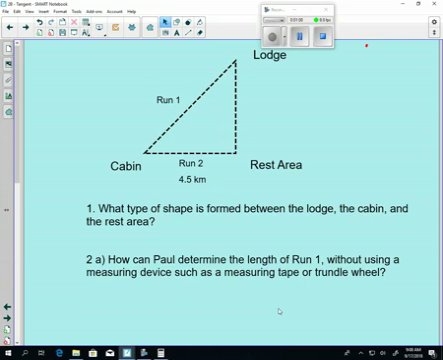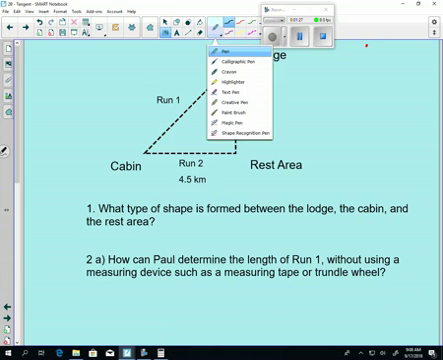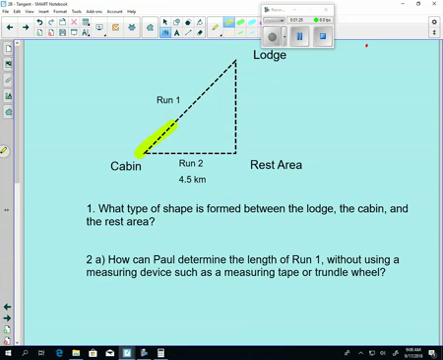All right, so here's an example. This is just like a little map, somebody that goes to a lodge. Could be skiing or hiking. There's a cabin at this one point. There is a run or a trail that goes from the cabin all the way to a lodge.